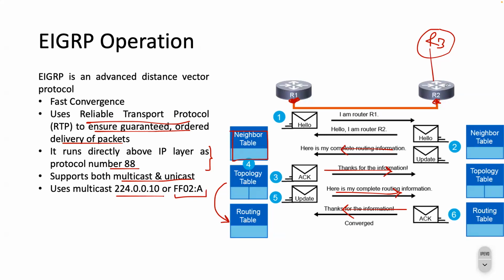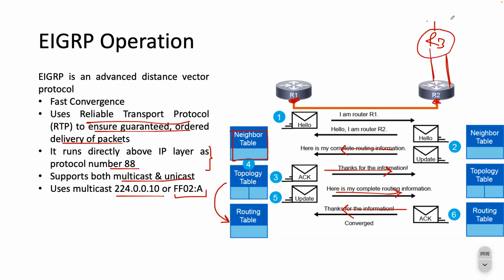Let's say R2 is having two links with R3. So there will be two different neighborships. Out of them, only the best route will be stored in the routing table, but your topology table may have more than one route for the same destination.